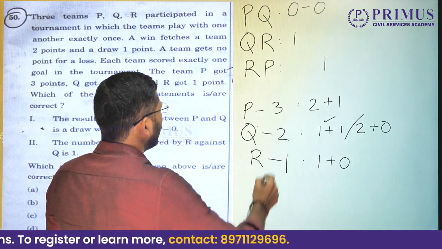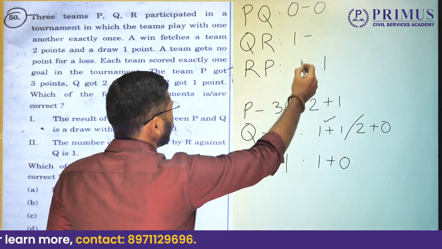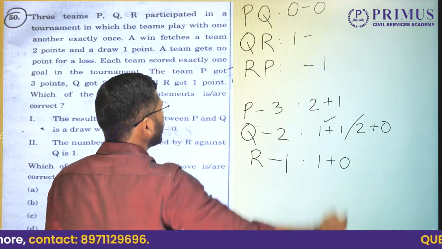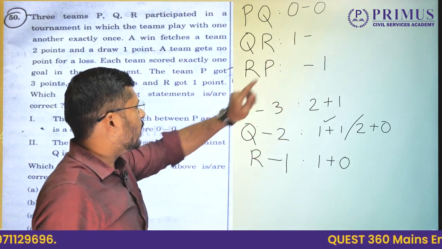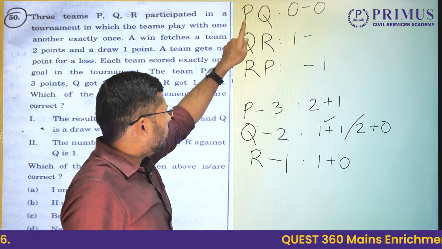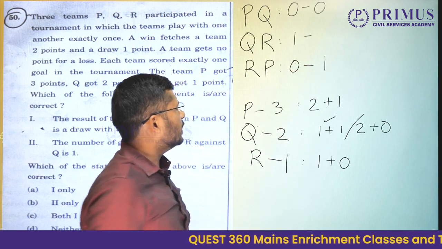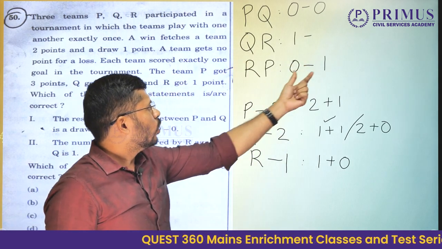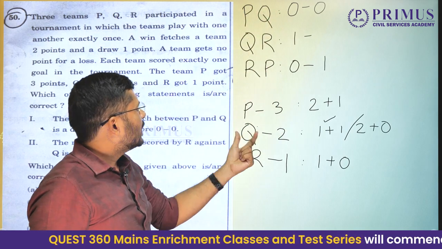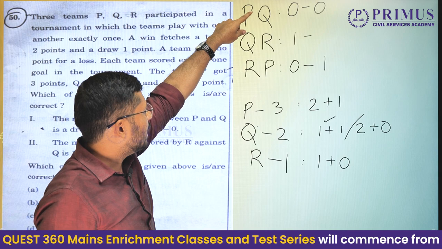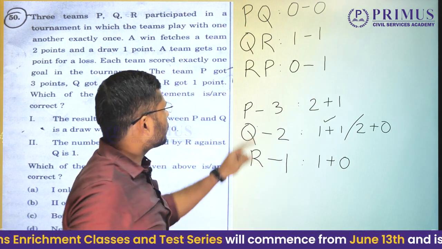When that is the case, R has to score only one goal in one of the matches. Now let us think about P. P has made a draw here, so P has to get a victory. R did not score in this match. So P got a victory and P got a draw. Okay, and 2 plus 1 points, fine. Then about Q, they got a draw here and they got another draw here.